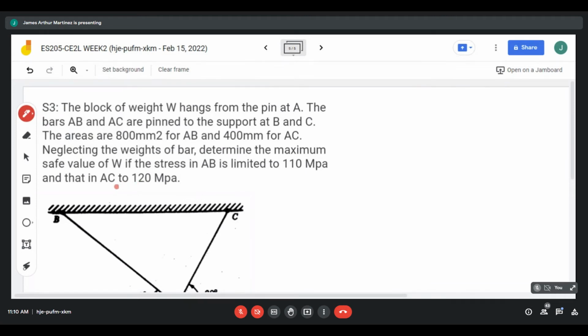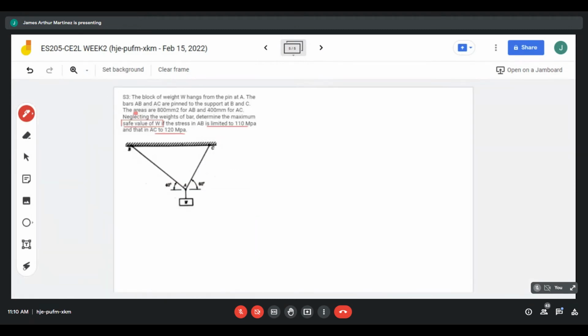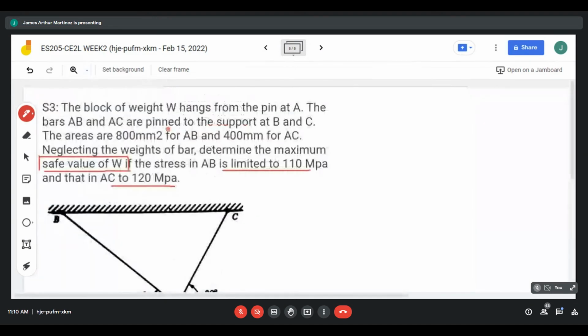So we are asked to determine the maximum safe value of W given the parameters.